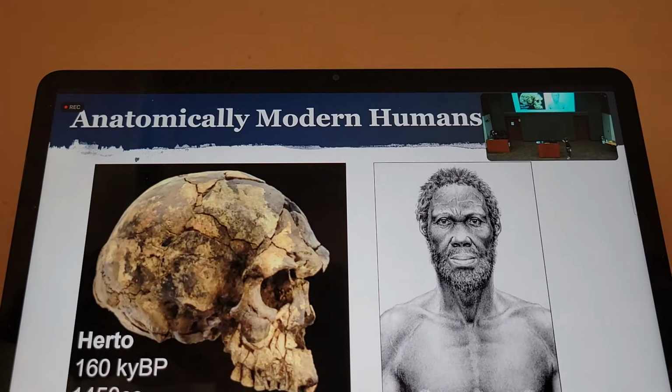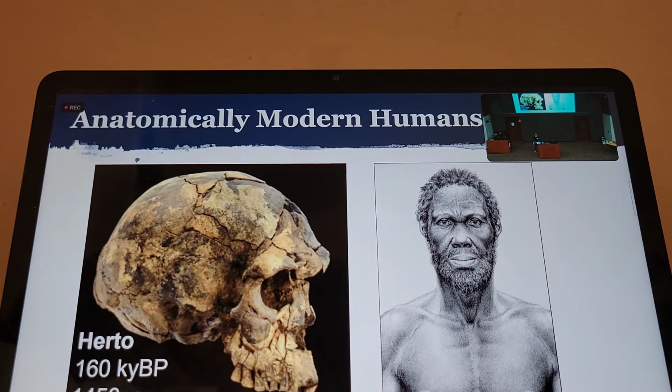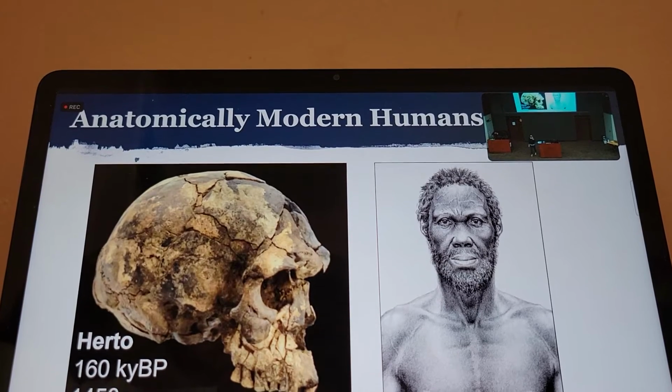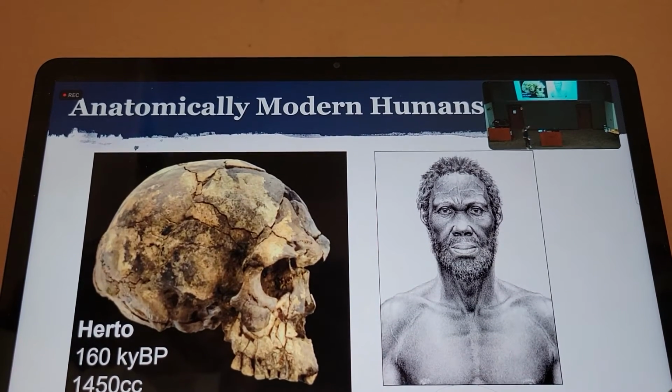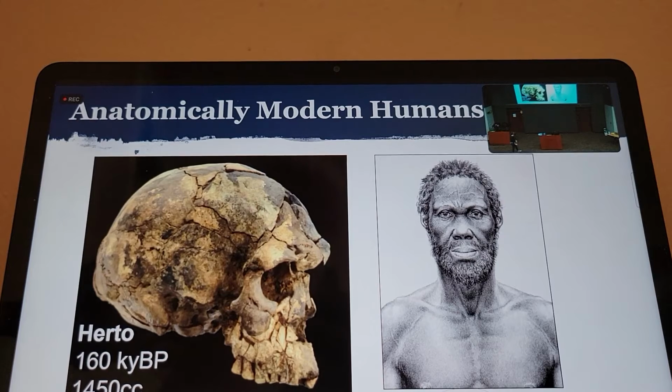So we have from Herto, this is from East Africa, at 160,000 years ago. 160,000 years ago, the remains of a man, and this is an artist's reconstruction of what this man probably looks like.